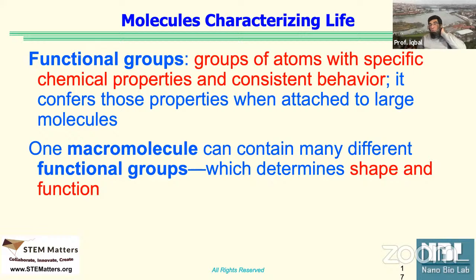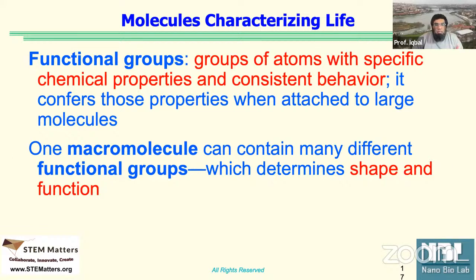Now, think about it. We are talking about everything within one cell because it's a big factory. It's a big machinery that's working. And this diversity gives a very different range of interactions between macromolecules and hence a range of properties to the cells themselves.